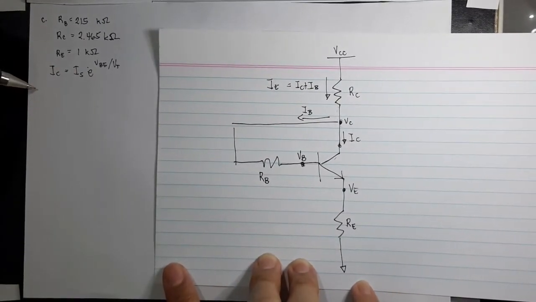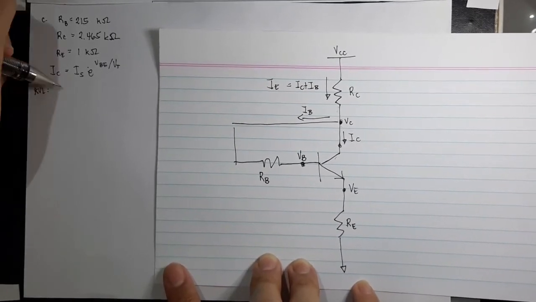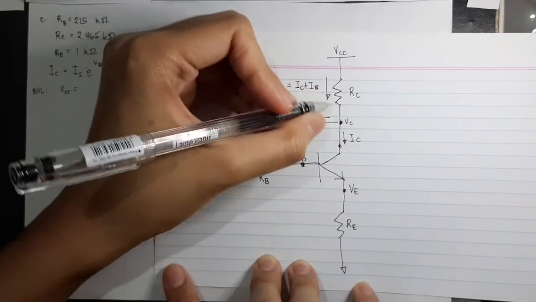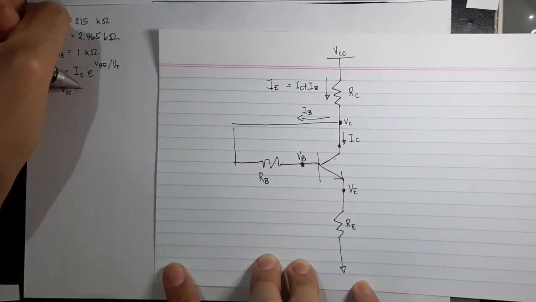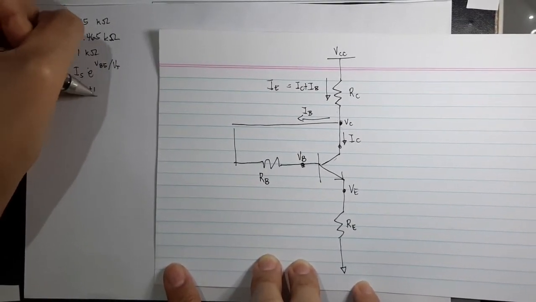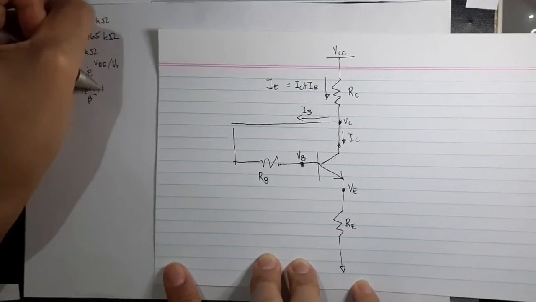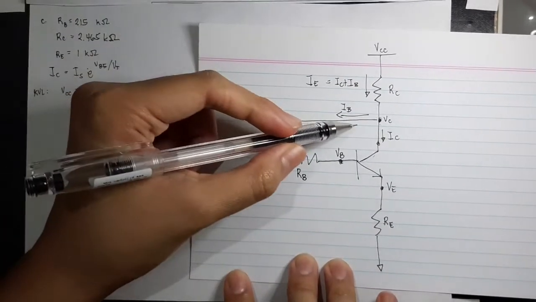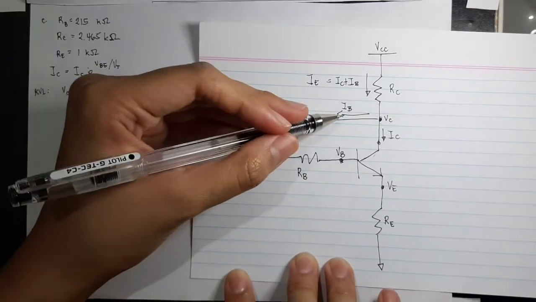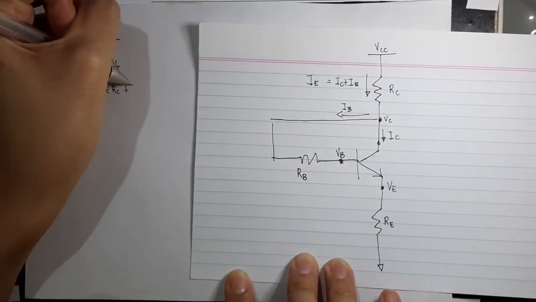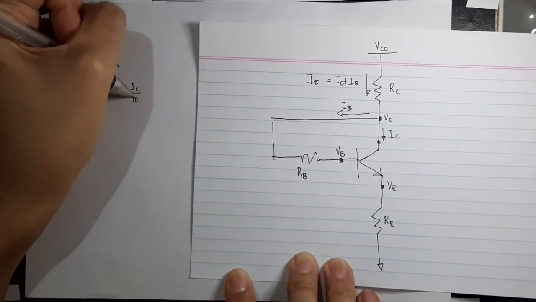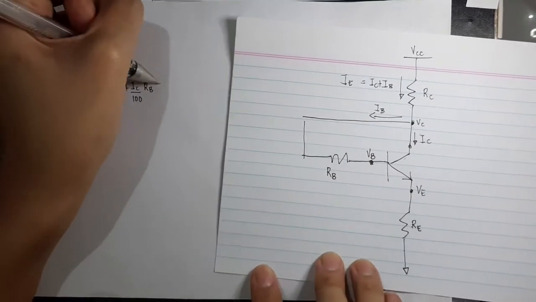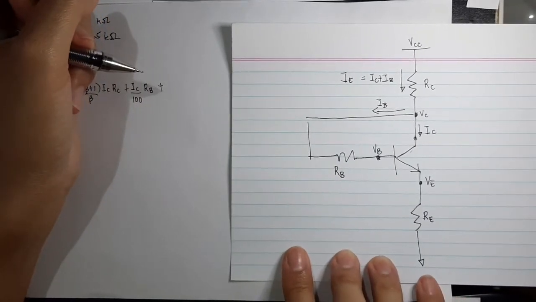So let me just write that. For our KVL, we have VCC equals the voltage here is IE, or that's beta plus 1 over beta multiplied by IC times RC plus IB times RB, or IB is IC over 100 multiplied by RB plus VBE.